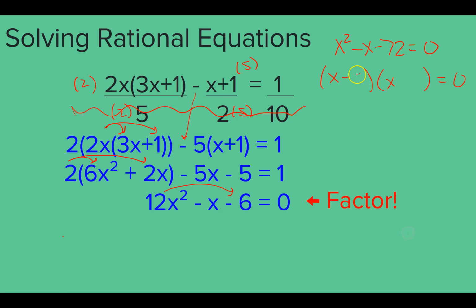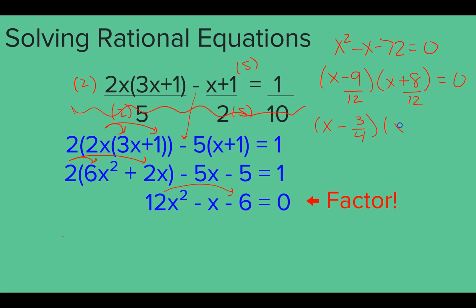There you go, -9 and +8. Yeah, and then we're going to slide my 12 back away. 9 over 12 simplifies to what? Not 1 over 4. 3 over 4.